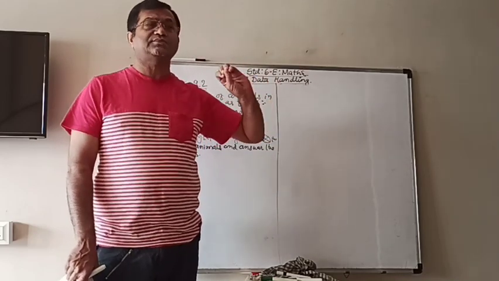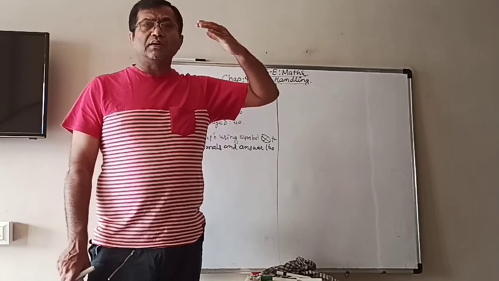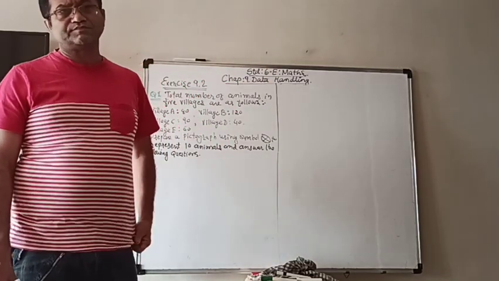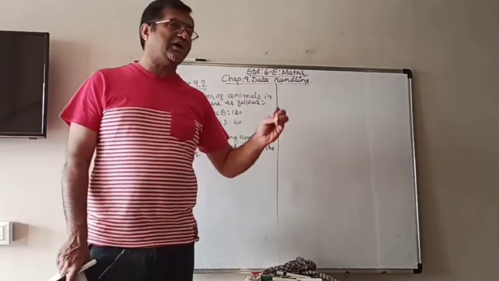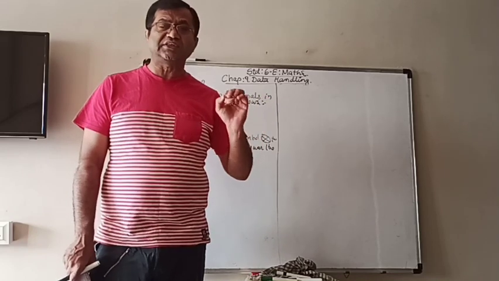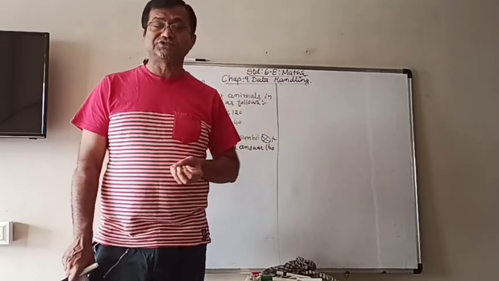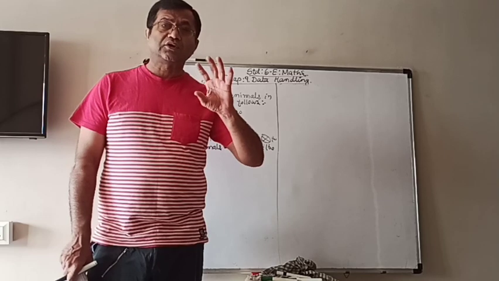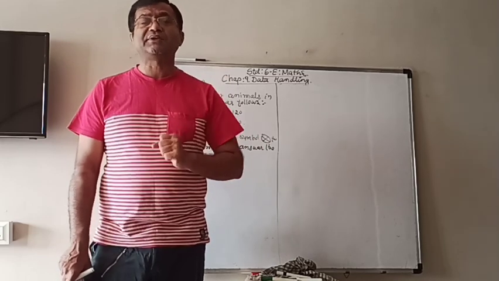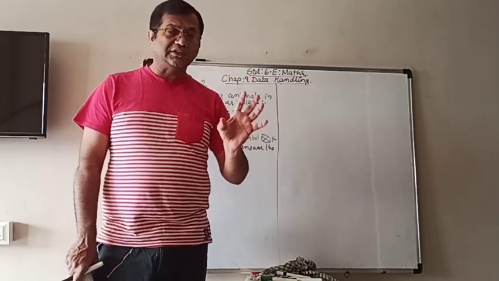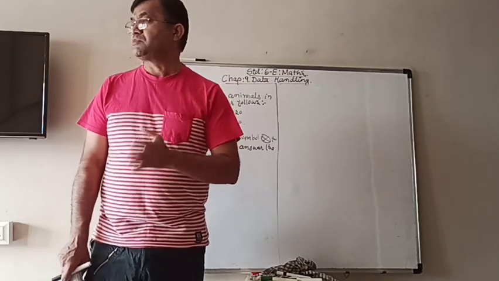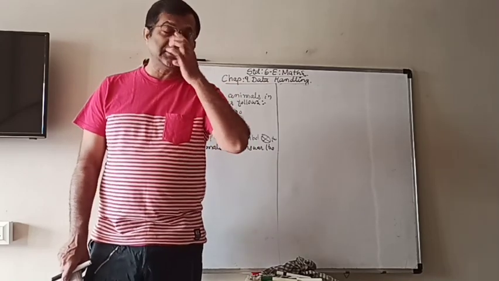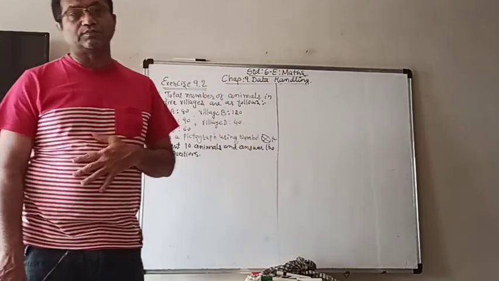But sometimes the numbers are too big. Then we have to round out the quantity and then represent it. But that we will learn when the example comes. So now we are going to start exercise 9.2.